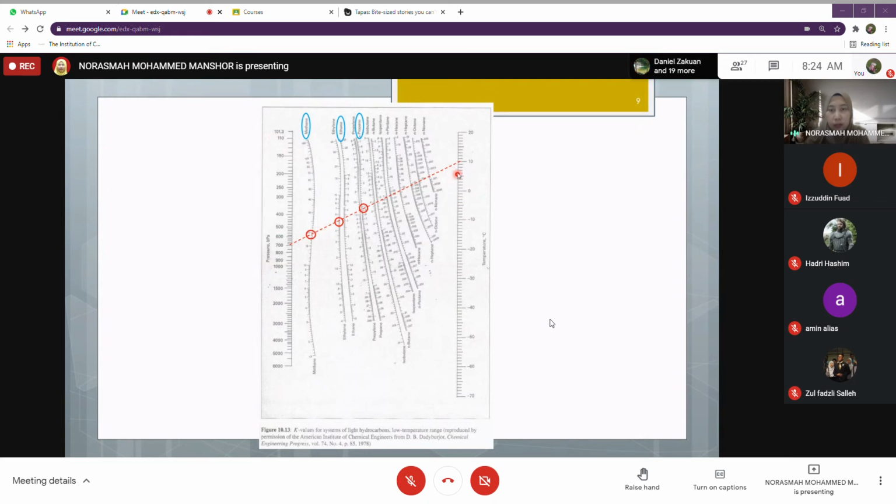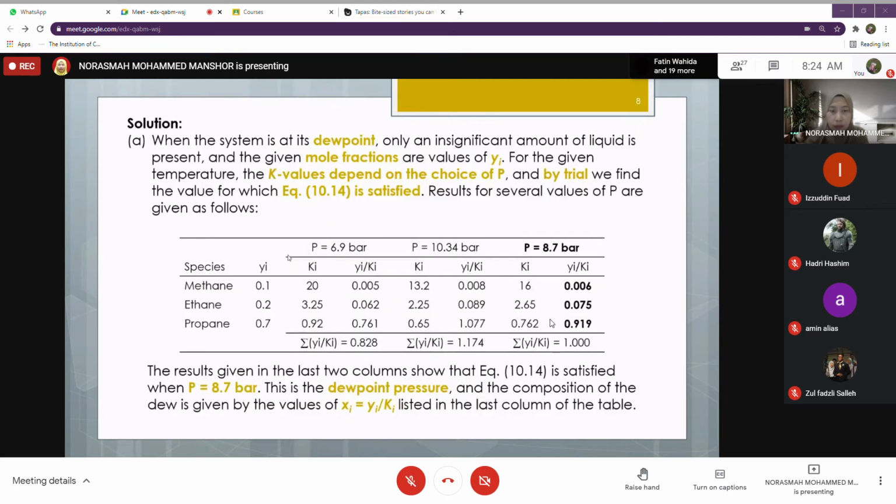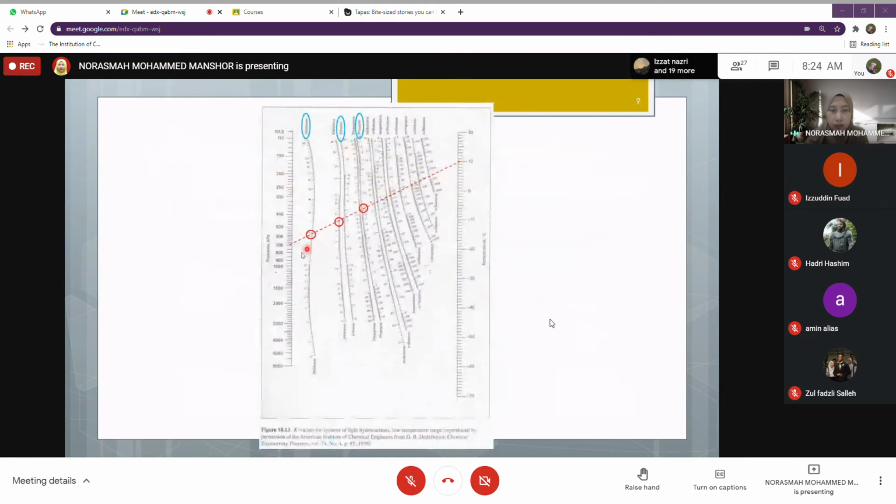At 10 degrees C, you choose any P. In this example, it uses 6.9 bar, which is 690 kPa. So you make a straight line at 690 kPa and 10 degrees C.